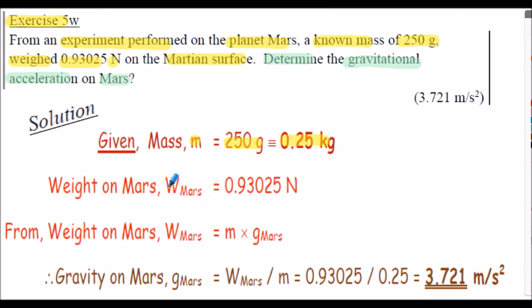The weight on the Martian surface is 0.93025 newtons. We know that the weight on Mars is equal to the mass multiplied by the gravitational acceleration on Mars. So rearranging for the gravitational acceleration g, that would be the weight divided by the mass. Inserting the values for weight and mass, the gravitational acceleration on Mars is 3.721 meters per second squared.